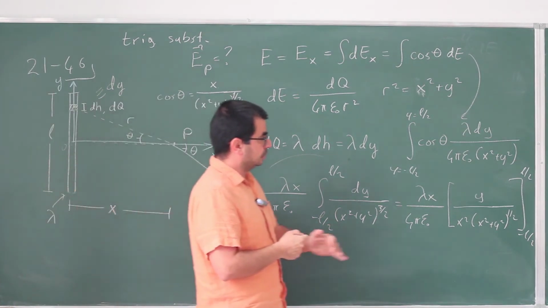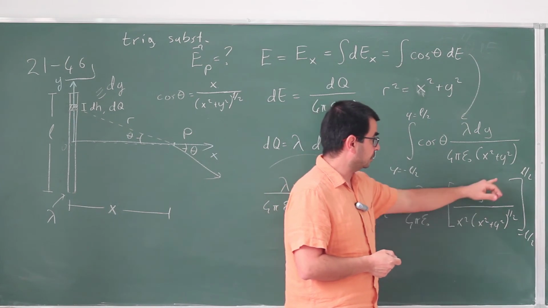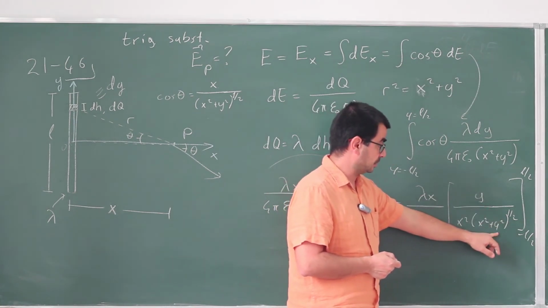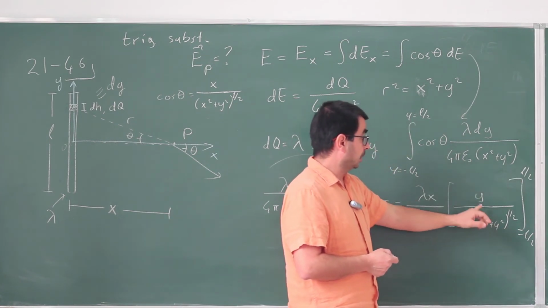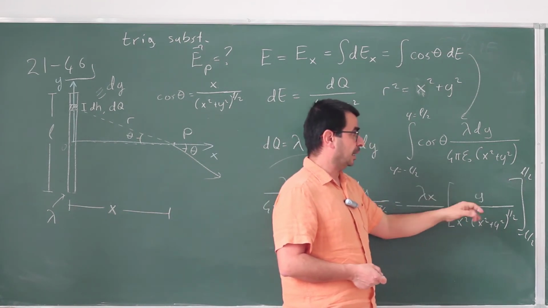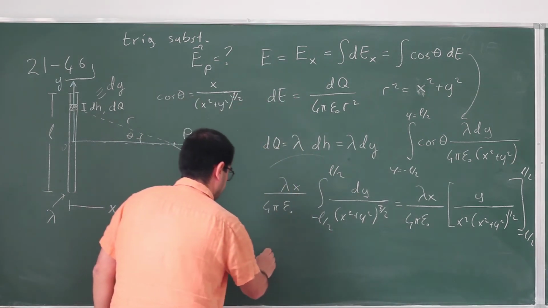And then you need to substitute the limits and take the difference. You will notice that substituting these is just going to pick up a negative sign, because there is a square of this here. It doesn't matter whether you put L over 2 or minus L over 2. And then when you subtract it off, it's essentially substituting this and multiplying by 2. So that's what I'm going to do.